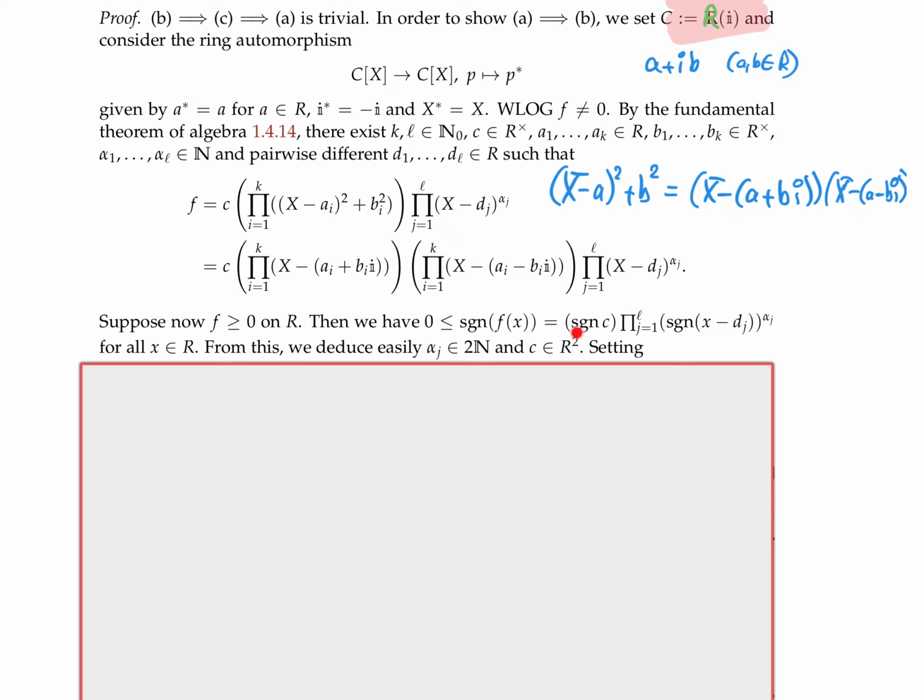But that's the sign of C times the product of the signs of the x minus dj to the alpha i, because the sign is multiplicative, right?